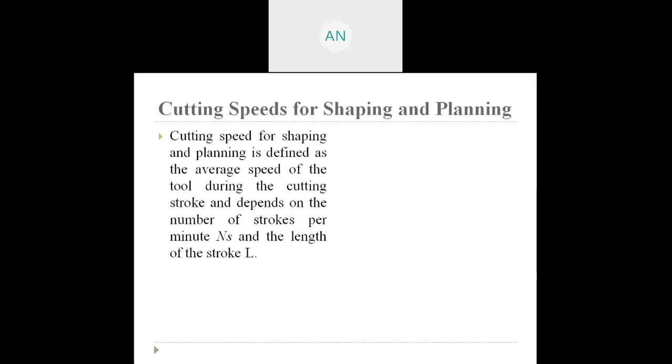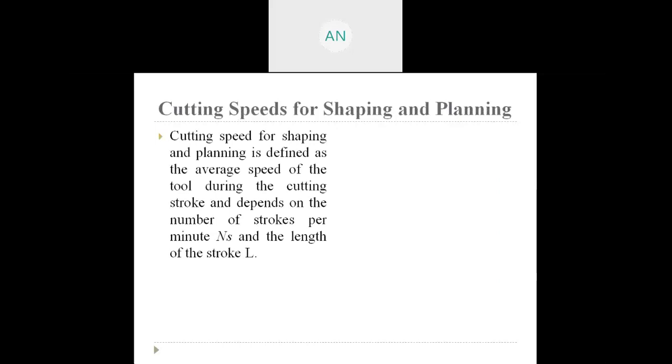Cutting speed for shaping or planing is defined as the average speed of the tool during the cutting stroke and depends upon the number of strokes per minute and the length of the stroke. Why are we speaking of the cutting stroke alone?